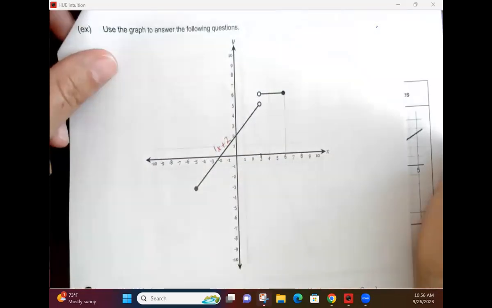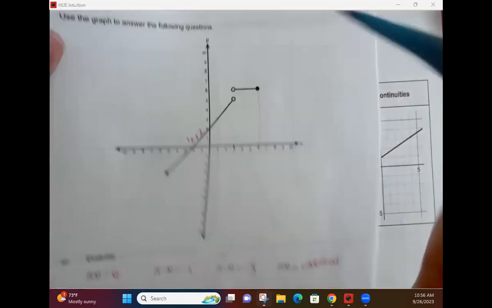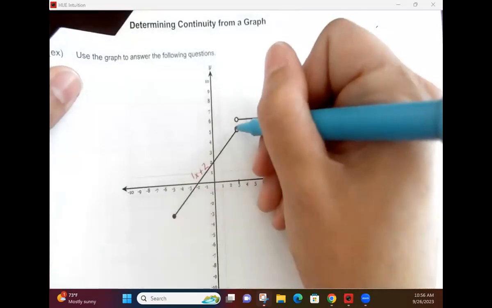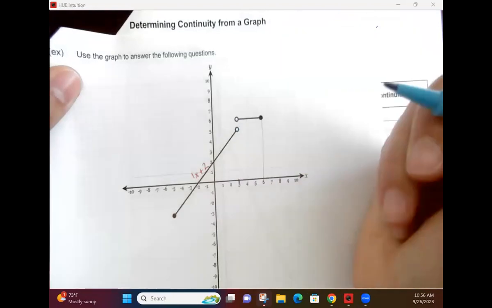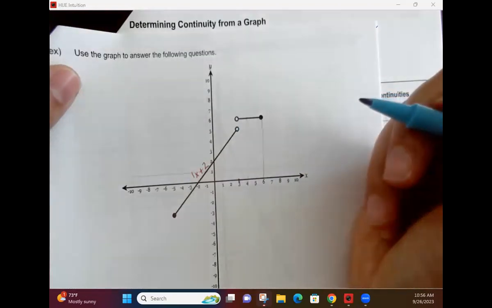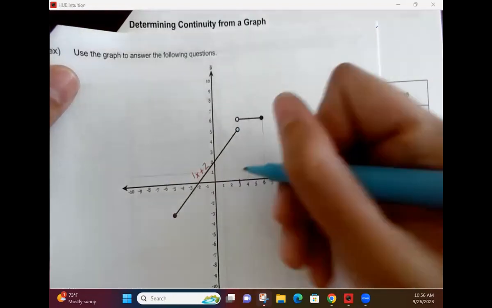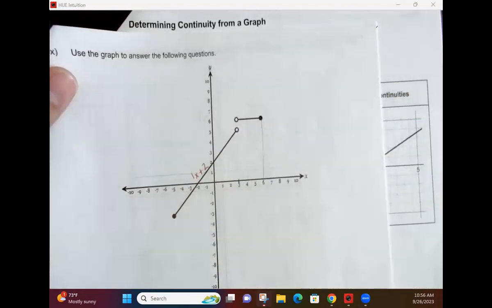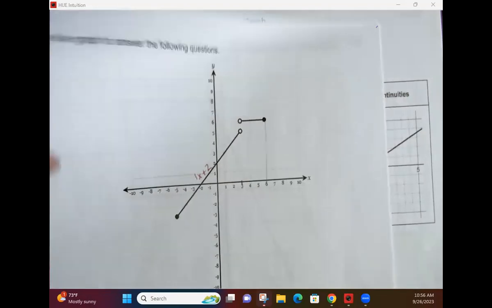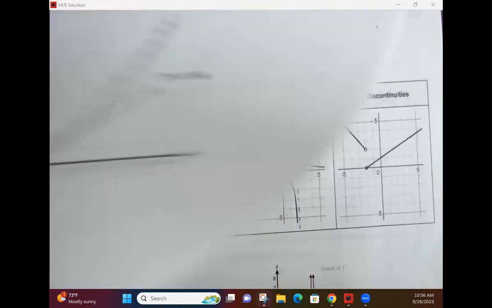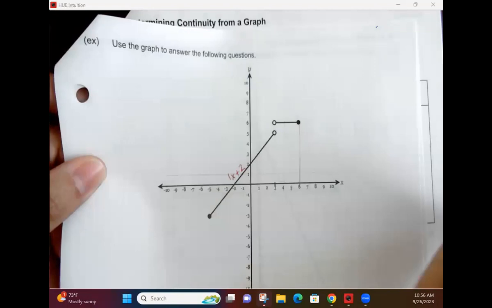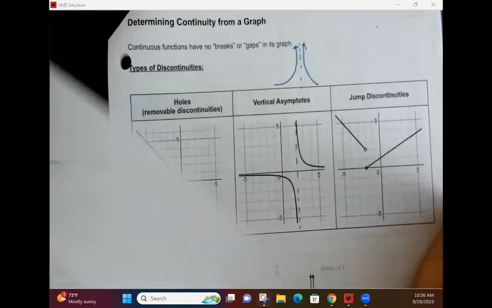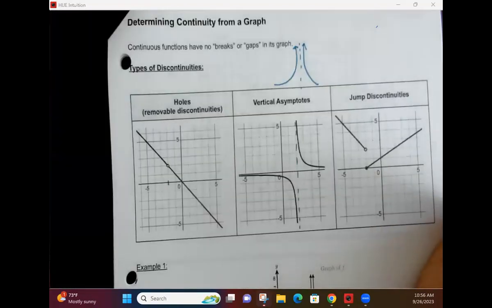At 3, right, we said f of 3 was undefined because I had an open circle and then another open circle. There is no y value when x is 3. That's a hole. If there is no y value, it's not an asymptote. We don't have a vertical asymptote there, but there is no defined value. That's a hole.